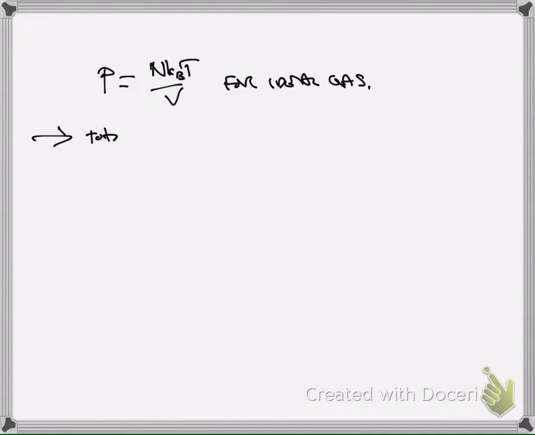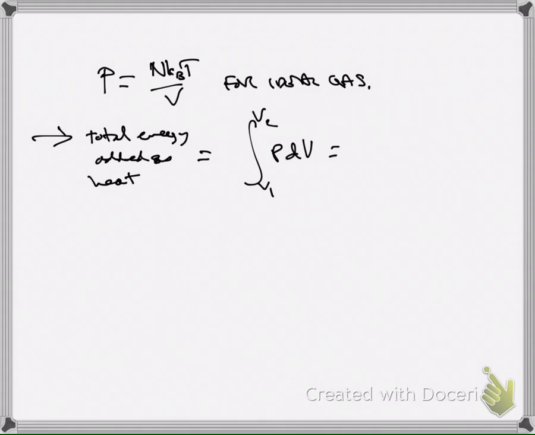So what is that? P equals NkT over V for the ideal gas. So then we have that total energy added as heat must equal integral P dV from V1 to V2, which is integral N k Boltzmann T over V dV from V1 to V2, right?